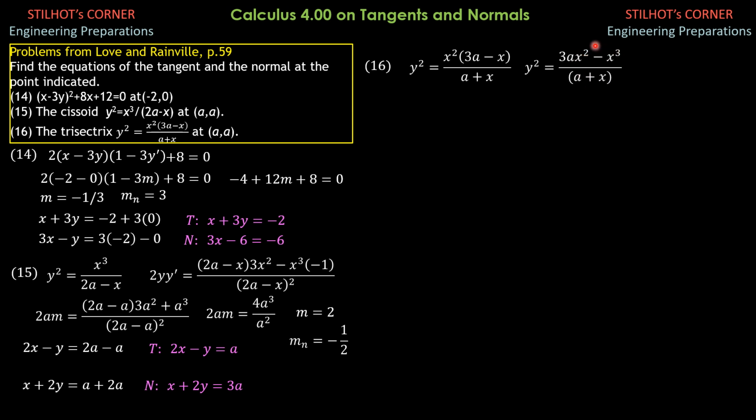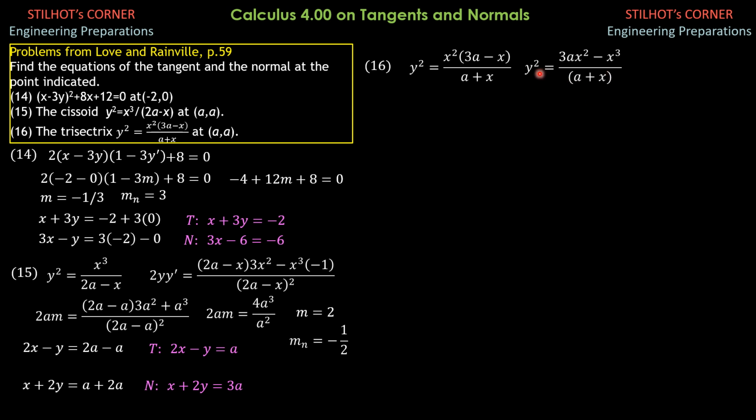The right side is again the derivative of a fraction, which is denominator times derivative of numerator minus numerator times derivative of the denominator, all over denominator squared.